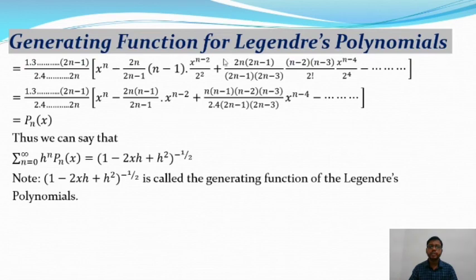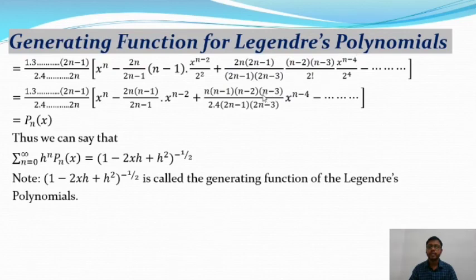After simplifying this series, we will get 1 into 3 and up to 2n minus 1 by 2 into 4 up to 2n, and we get x to the power n minus 2n into n minus 1 by 2n minus 1 into x to the power n minus 2 plus this one is the third term.